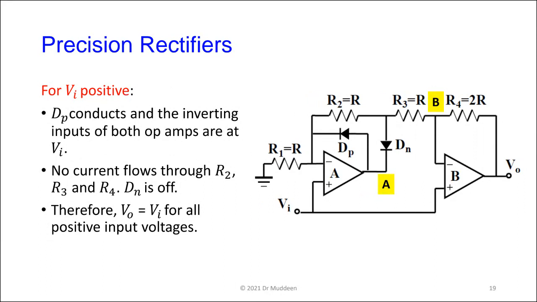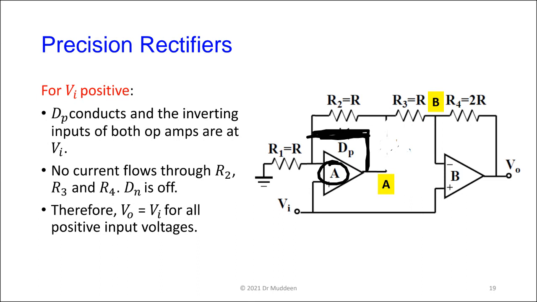So dp is conducting and this guy is out here. So forget the diode. At this point in time, dp is conducting. The output of A is not connected to anywhere. It's just feedback inside of here.